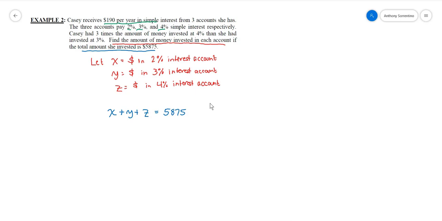And then, for the third account, take 4% times the amount she invested there to find their respective interests, and I would add them together. So that means that 0.02x plus 0.03y plus 0.04z is going to equal $190.